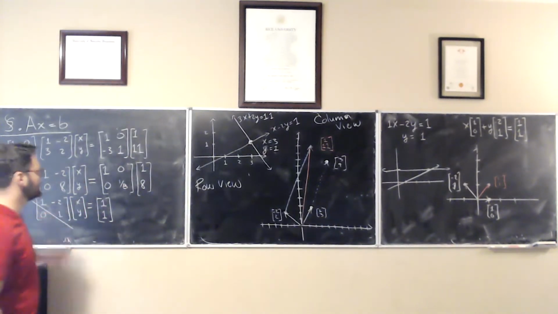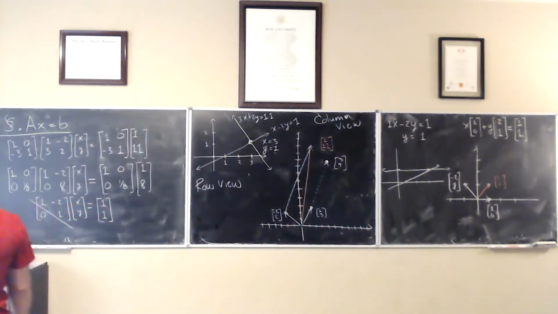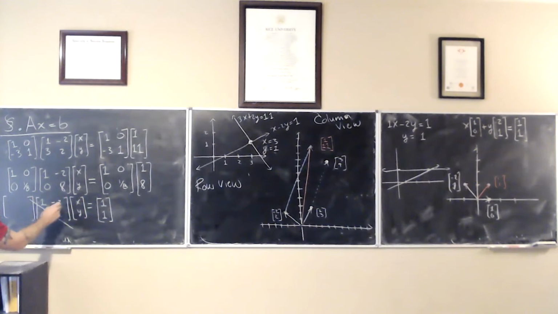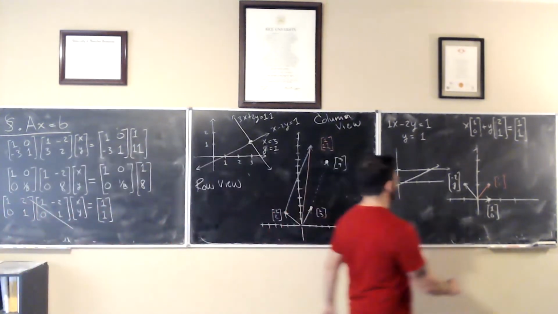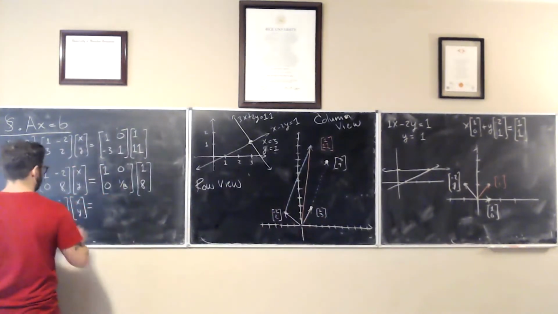Or you can make this the identity matrix and then you're done. So what can we multiply this matrix by to make it the identity? We want that to be a 0. That's pretty easy. We want 1 of the first row together with 2 of the second row, and then that'll be a 0. And then we don't want to do anything to the second row.